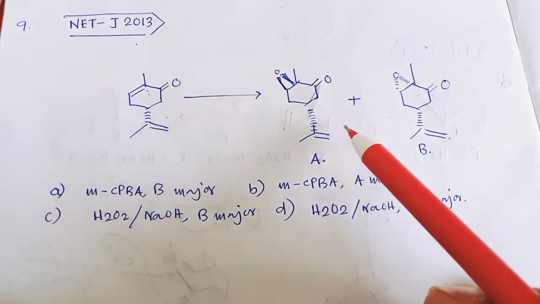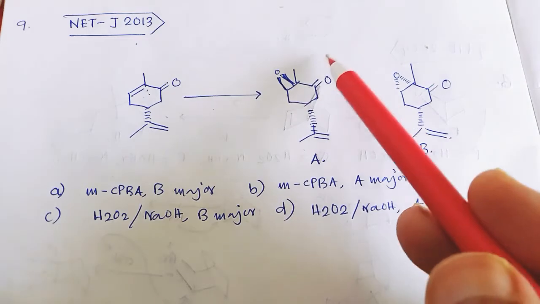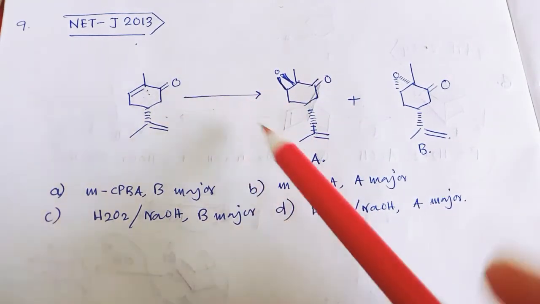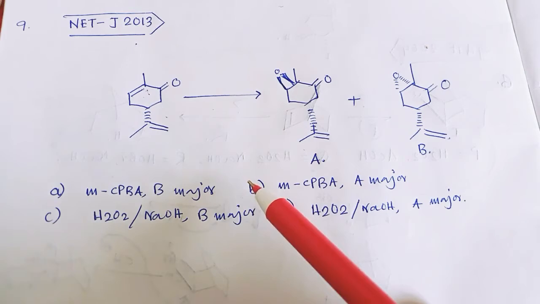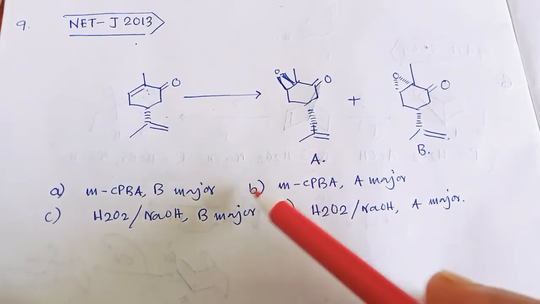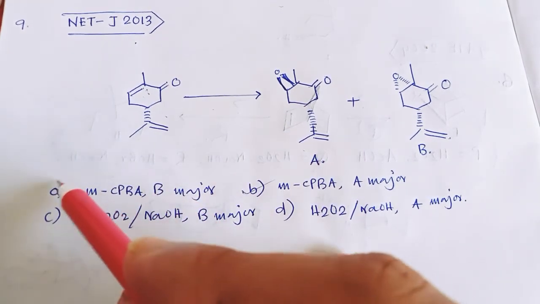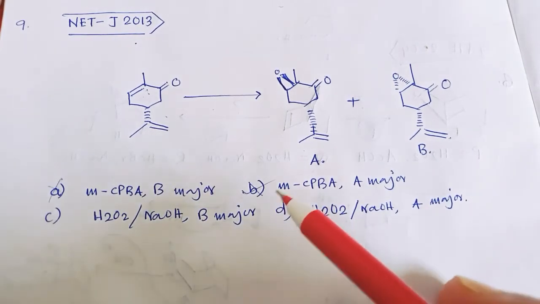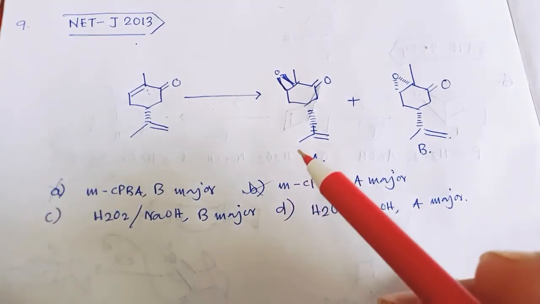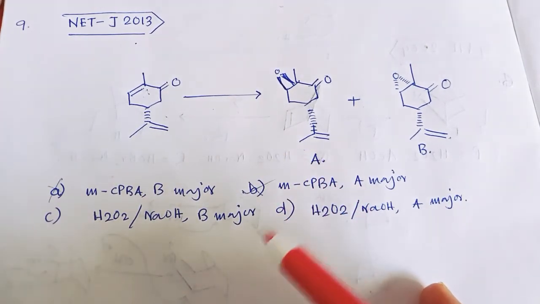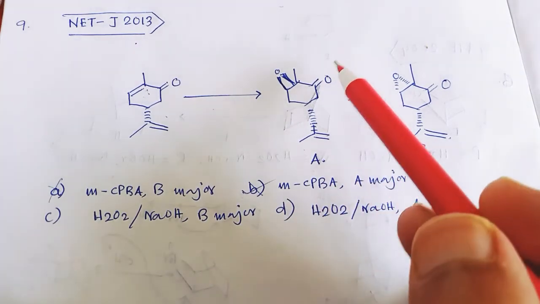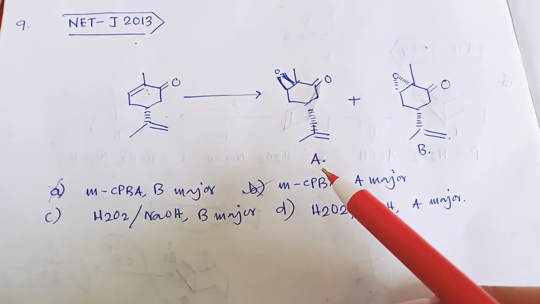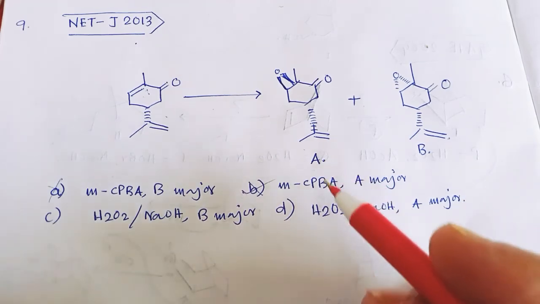But in the product we have to make the epoxide at the alpha beta position. So basically we can easily eliminate the mCPBA options, that is A and B. We can eliminate this. So the suitable reagent is H2O2 in presence of NaOH, but which will be the major product? For this we have to go through the mechanism.